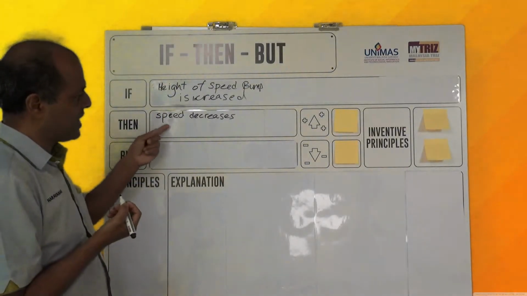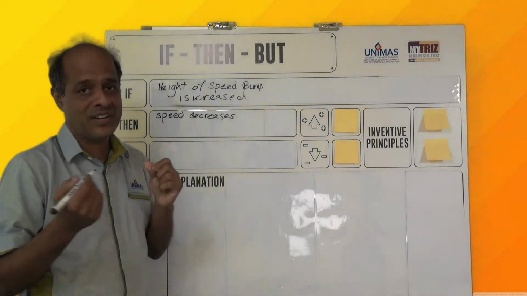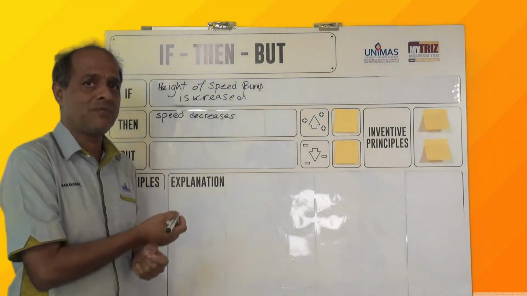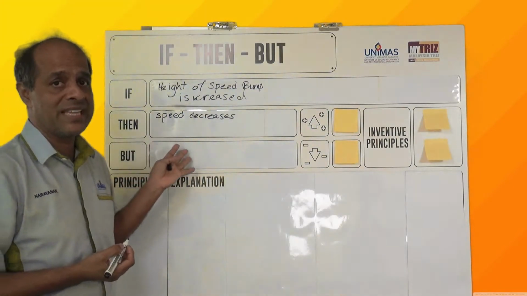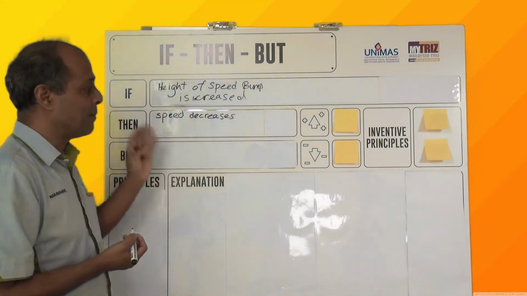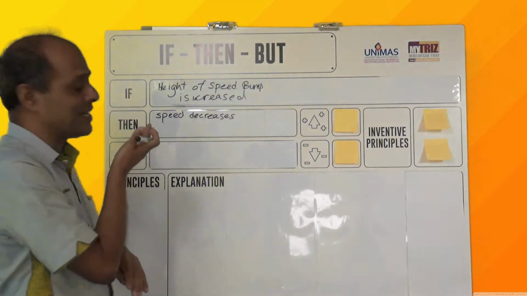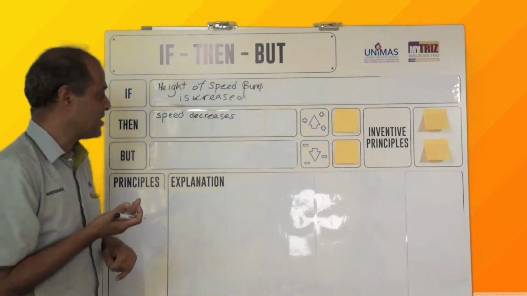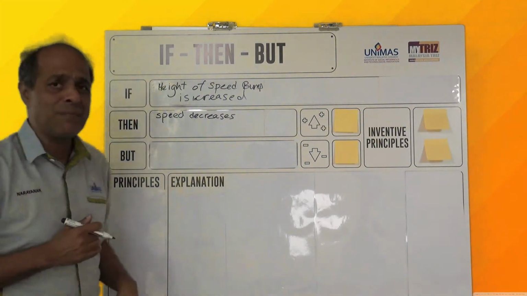So instead of saying speed decreases, I could also have said accidents are reduced. But let's just, for the sake of problem solving, look at speed decreases as the improving parameter, right? So this sign here says that the improving parameter is speed decreases. Now, well, when we do this, is there anything bad that happens?